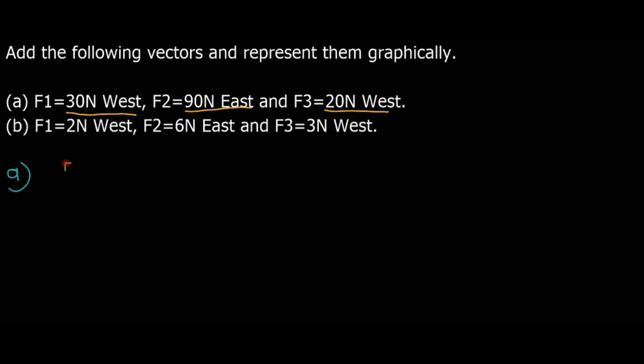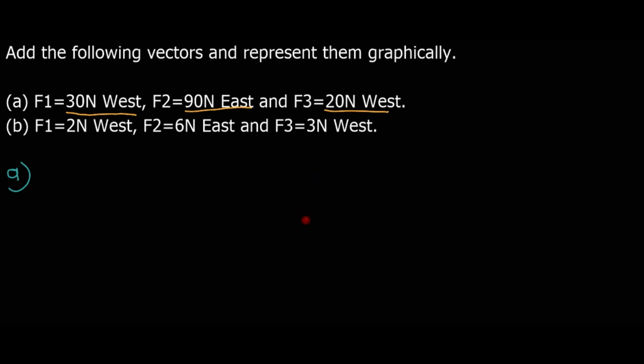So our Fnet will be minus 30 plus 90 and then minus 20, and then minus 30 minus 20 gives minus 50, and then minus 50 plus 90 gives 40. So because it is positive it will be east, 40 Newton east.